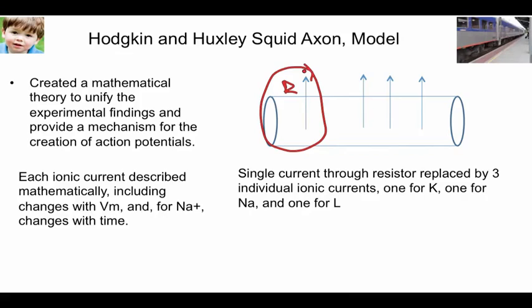Rather, what we will do is replace that resistive current with a set of three currents, one for sodium, one for potassium, and one for everything else put together, chloride ions plus all other ions. So they have one for sodium, one for potassium, one for all others, which they call leakage, and determine what happens on each of these pathways separately. And by doing that, they created a model that could explain action potentials.